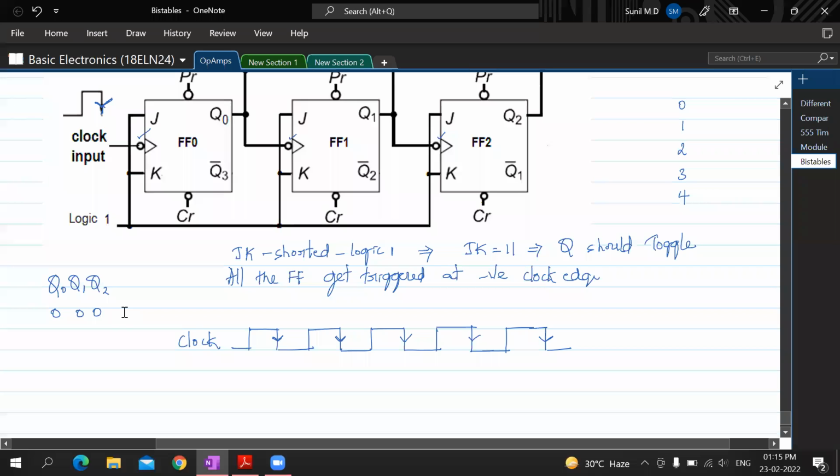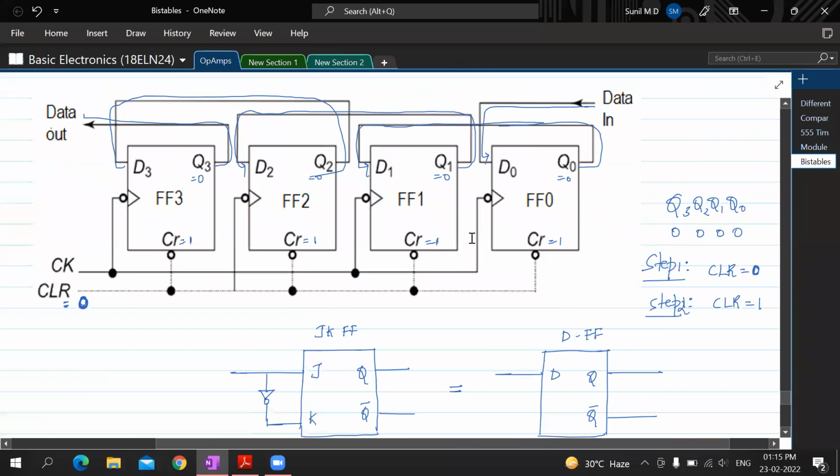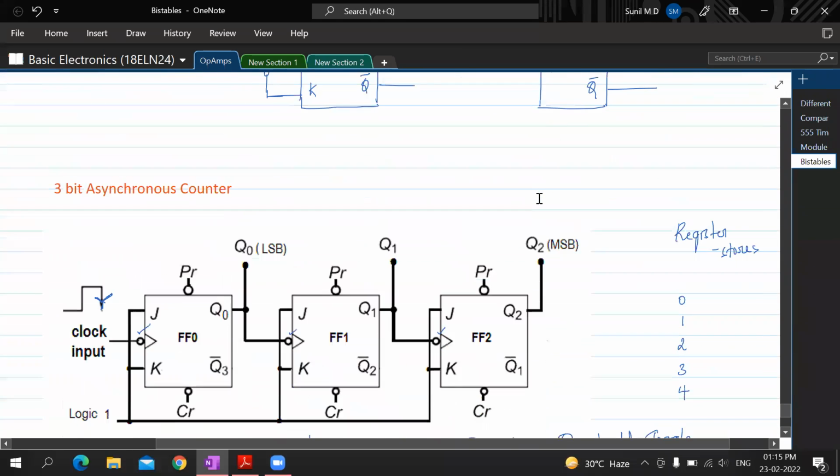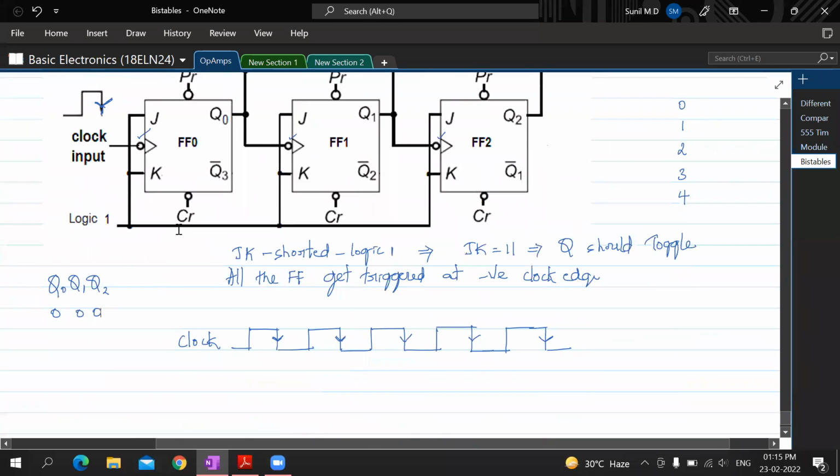And one more thing: when we were using counters earlier, FF0 was used first and FF2 we used last. Whereas here, FF0 is being used as our last flip-flop. Whereas here FF0 is being used as our first flip-flop. You'll understand why it is so.